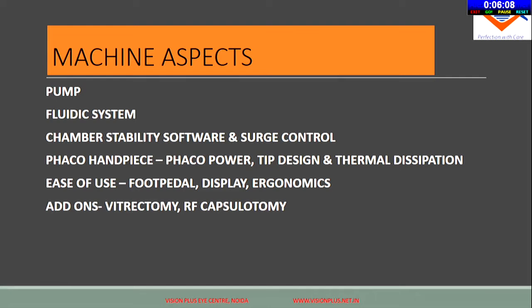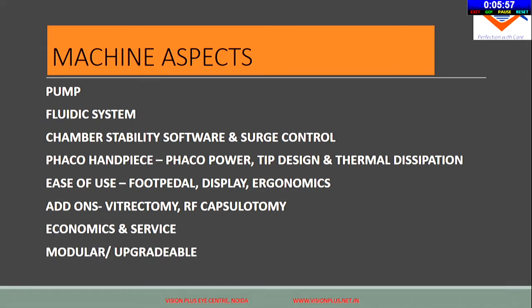Does it have anterior vitrectomy, does it come with a posterior vitrectomy, certain other features which can be useful, and what are the economics and service, and can it be a modular system which you can upgrade as you go on in practice.